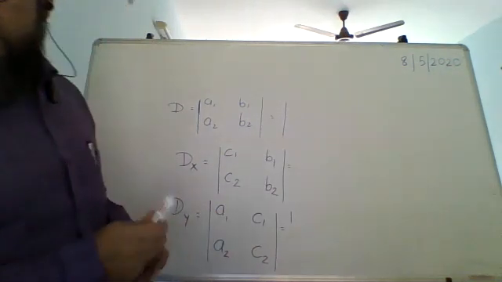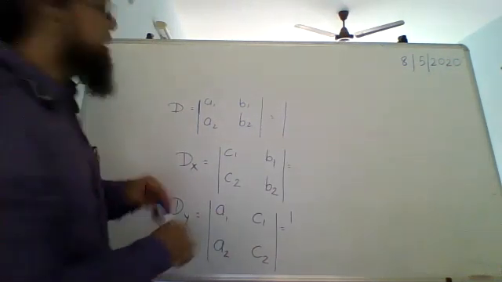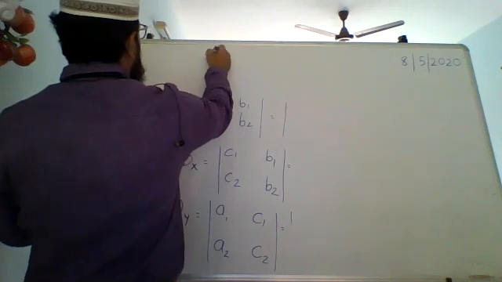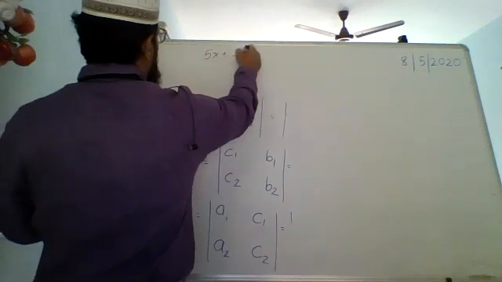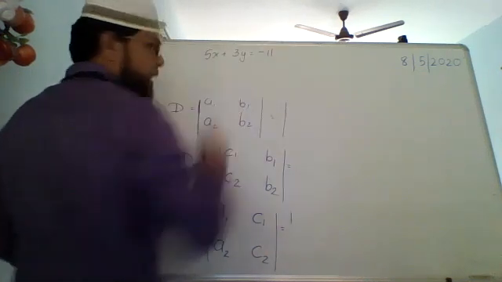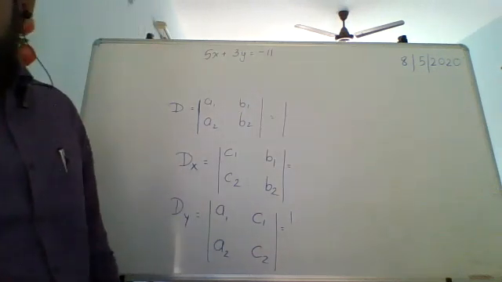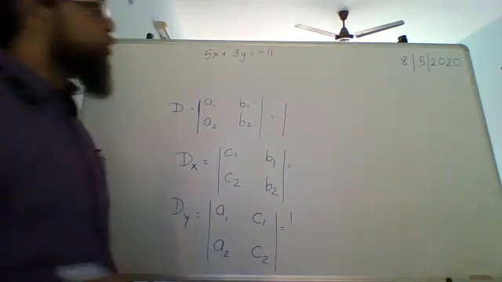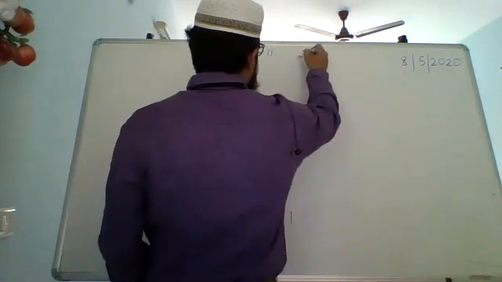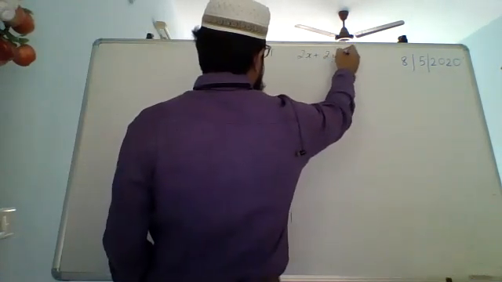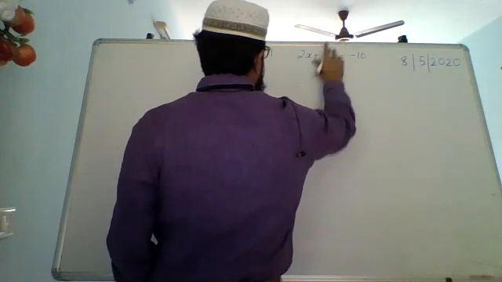So we have 5x plus 3y equals minus 11, and 2x plus 4y equals minus 10.